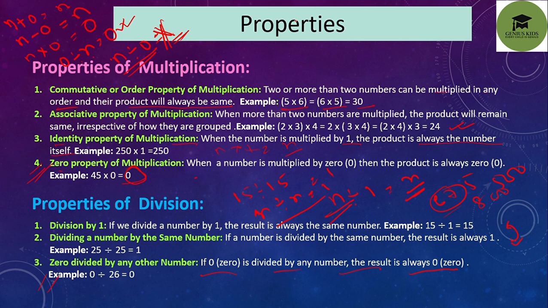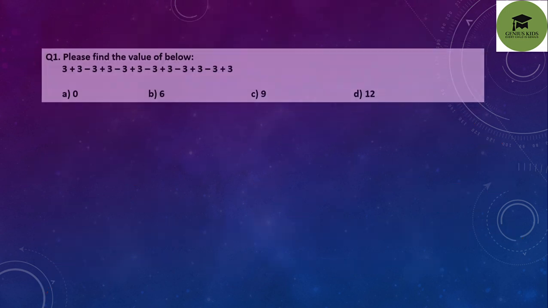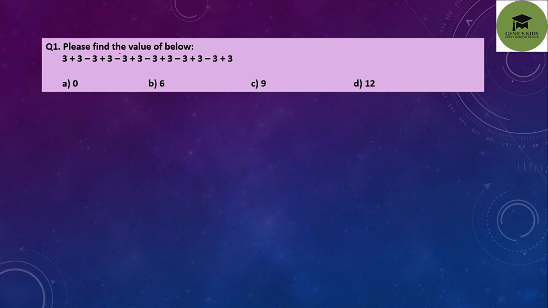Please remember. So let's start with some questions. First one: please find the value of the below. If you see the pairs, -3 plus 3 means plus 3 minus 3, so 3 minus 3 is 0.